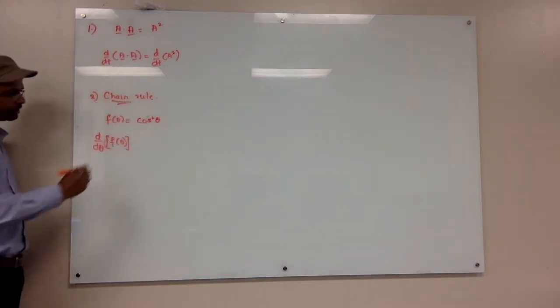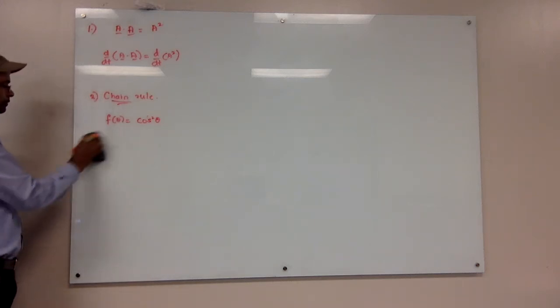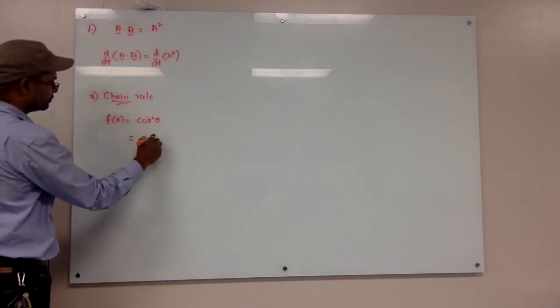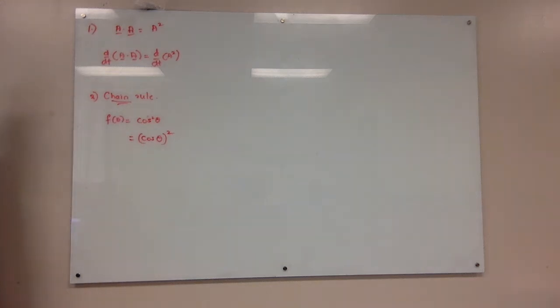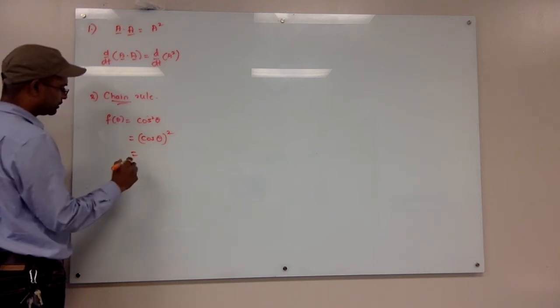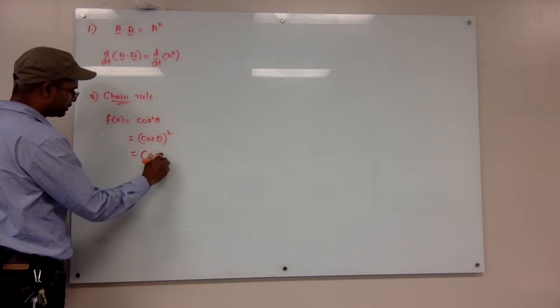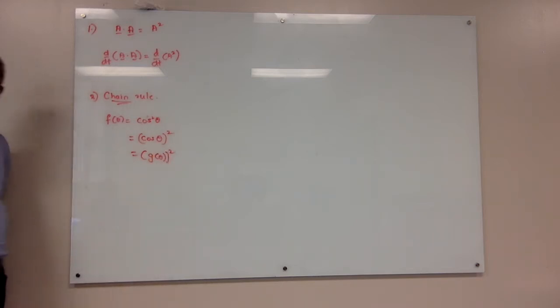Okay, so here it is like this. You have to look at this as cosine theta square, right? So this itself is some g theta square. Correct? Okay.